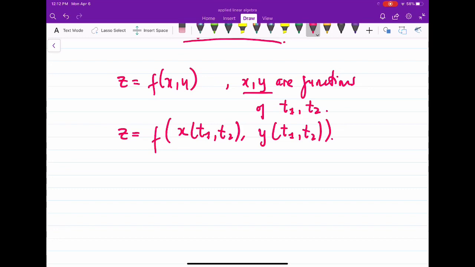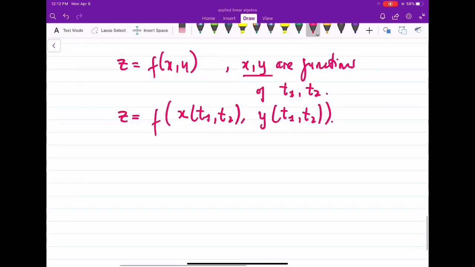Make sense? And in reality, when you do integration and involve changing variables, you need to find partial derivatives of x with respect to t1 and t2, and then you have to set up the so-called Jacobian matrix.